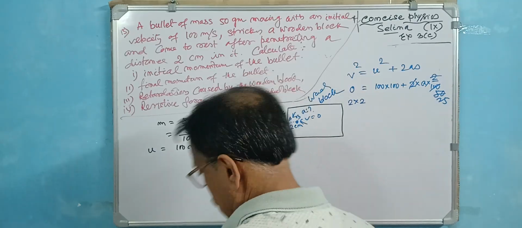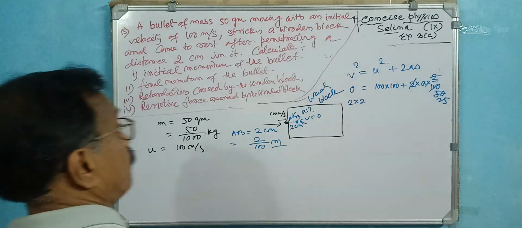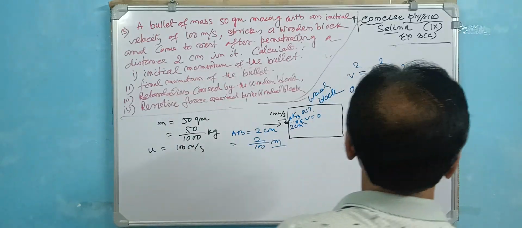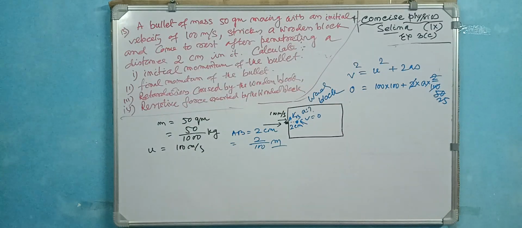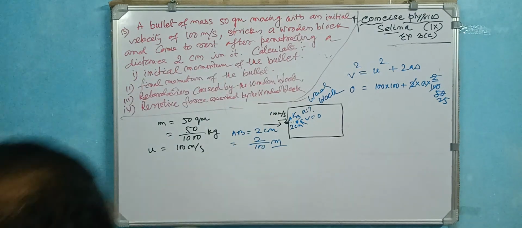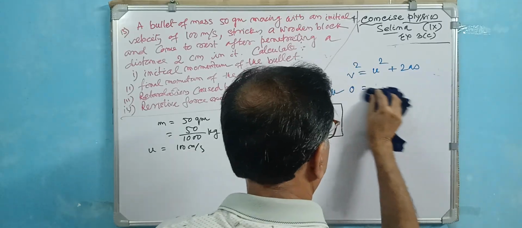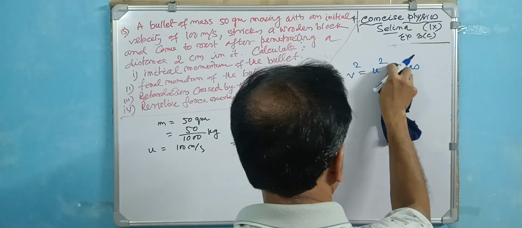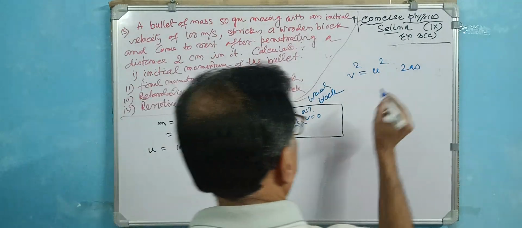Twice a, I will make this negative, because it is easier calculation. That is very important because v is 0, this is minus.